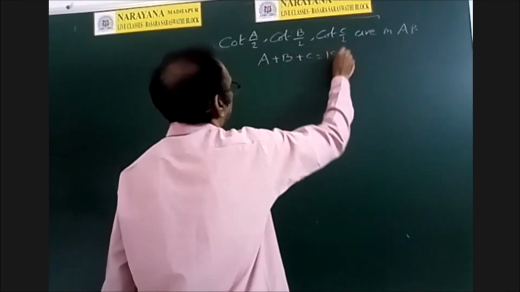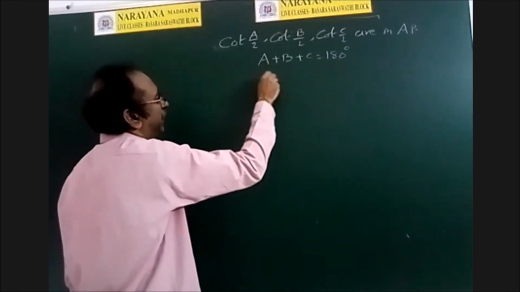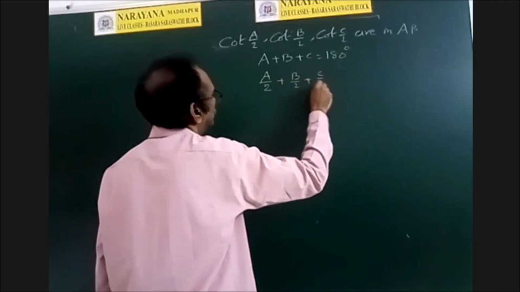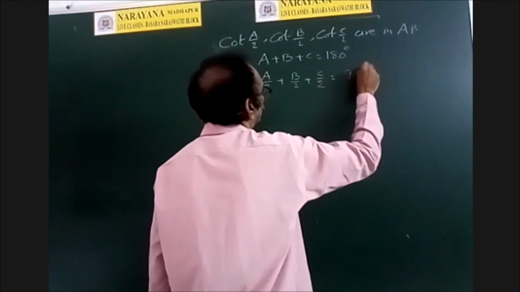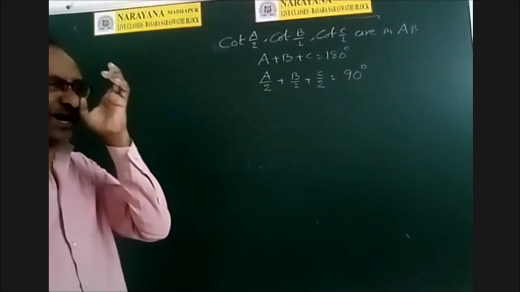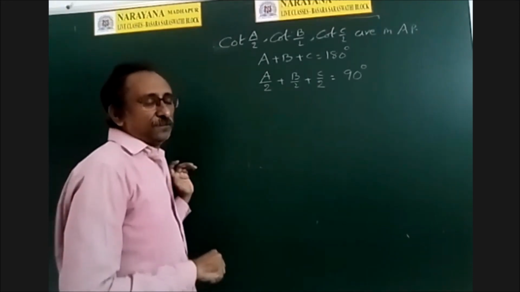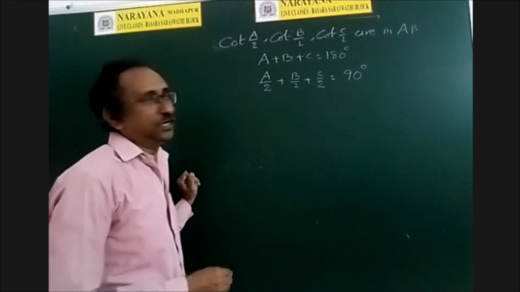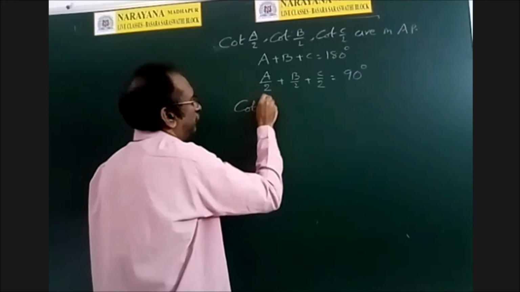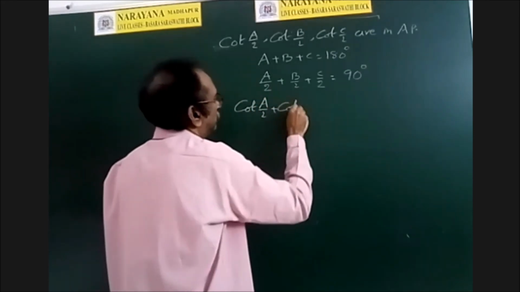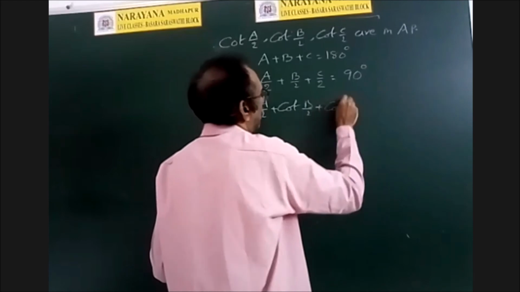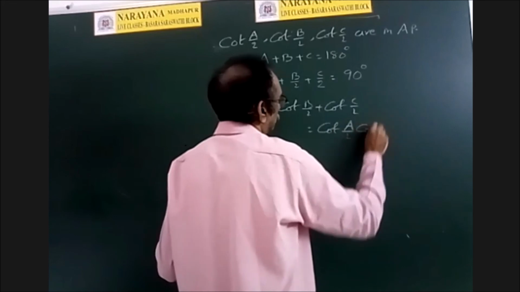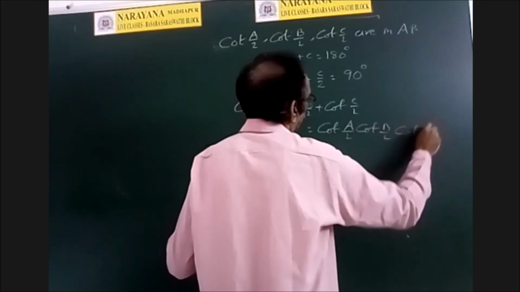So A plus B plus C is 180 degrees. But I need submultiple angles A by 2, B by 2, C by 2. So if I divide with 2, the sum is 90 degrees. So the conditional identity: if A plus B plus C is 90 degrees, cot A plus cot B plus cot C is equal to cot A cot B cot C. Therefore, cot A by 2 plus cot B by 2 plus cot C by 2 is equal to cot A by 2 cot B by 2 into cot C by 2.